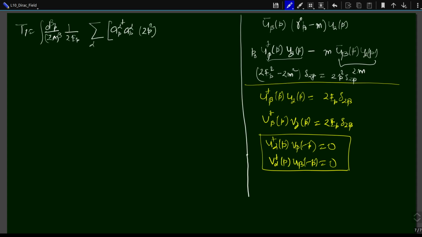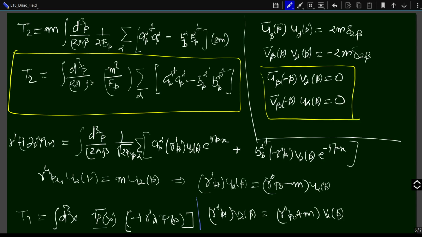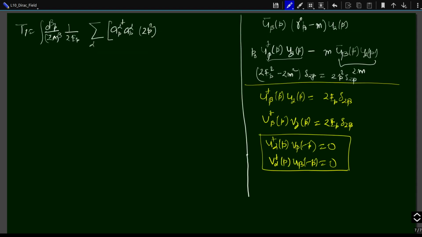But in the second case with v's, you saw there was already a minus sign in the v. So what we have here is minus on the left and minus on the right. For the case of v's, I have minus gamma I pi acting on v alpha of p, and here v bar beta of p will come.